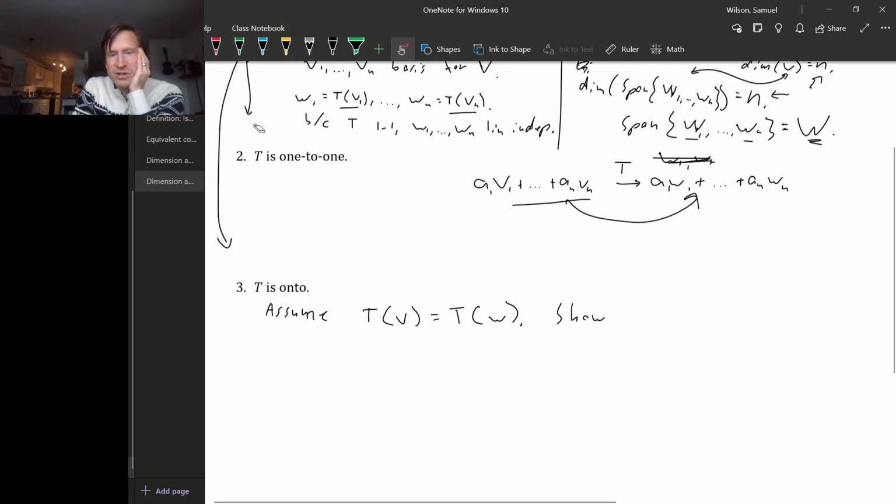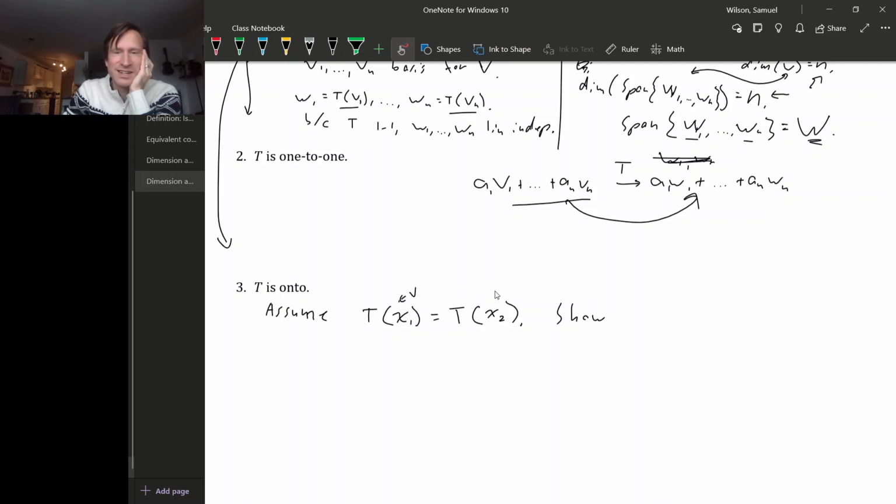It's going to be a little confusing if I call these v and w because they're actually both in W. So let me call this one x1. Let me call this one x2. So these are both in W. Sorry, the x's are not in W. The x's are in V.